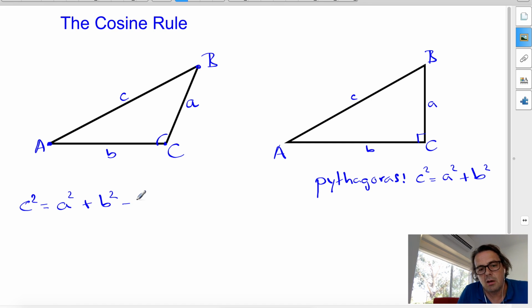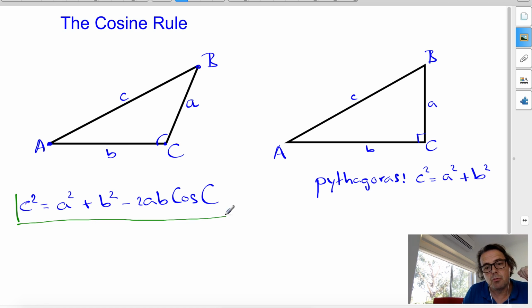We take away 2 times a times b times the cosine of the angle at C. So these are all lowercase. c squared is the length of this line segment here. a squared and b squared are the lengths of these segments. And big C is the angle at C. So there's your cosine rule.